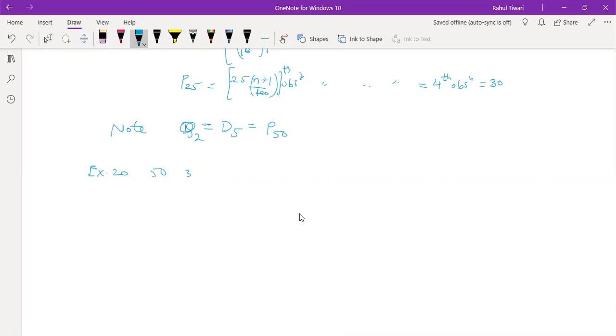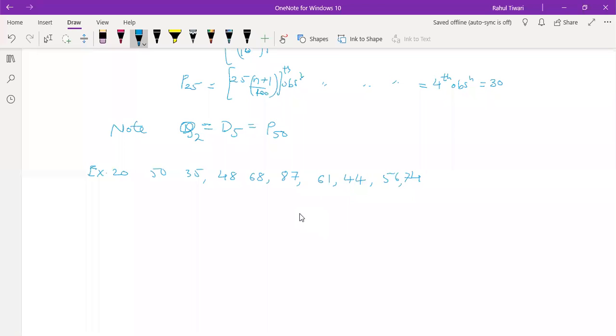The data is 50, 35, 48, 68, 87, 61, 44, 56, 40, sorry, 74. Okay, just work on this and let me know what your Q1, Q2 and Q3 will be.